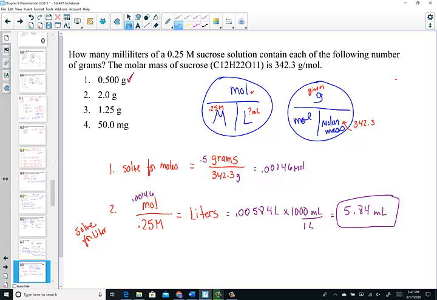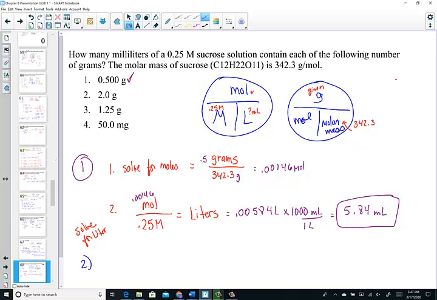Step 1, we solve for moles. We do that by taking grams over molar mass. In step 2, this was all for problem 1, we said the number of moles divided by molarity pulls out liters, and then from there we can slide it to a milliliter.